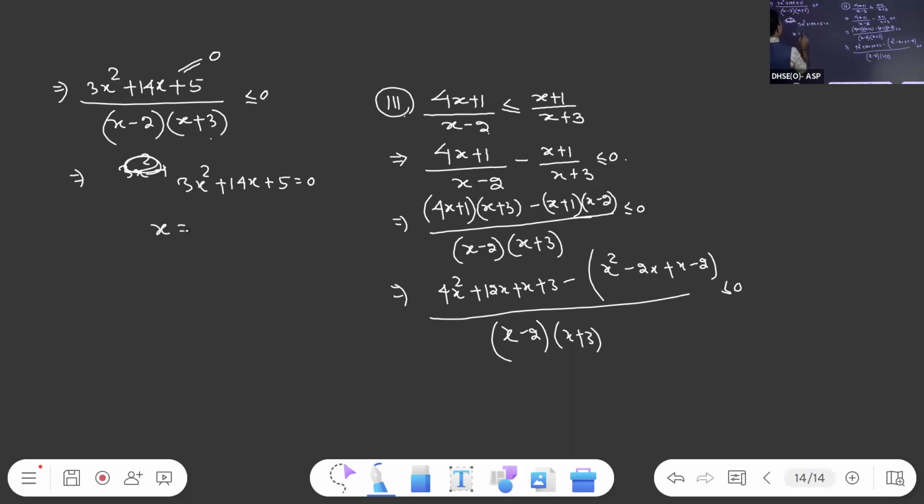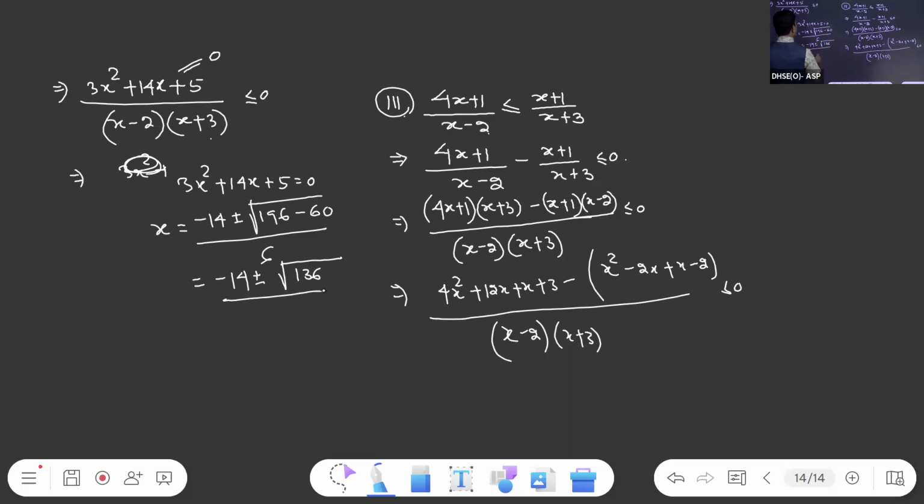So x is equal to minus 14 plus or minus under root 14 square, 196, minus 4 into 3 into 5, 60, upon 2 into 3, 6. So minus 14 plus or minus under root 136 divided by 6.